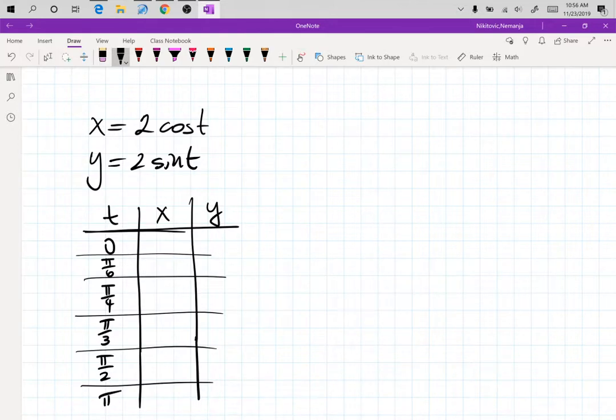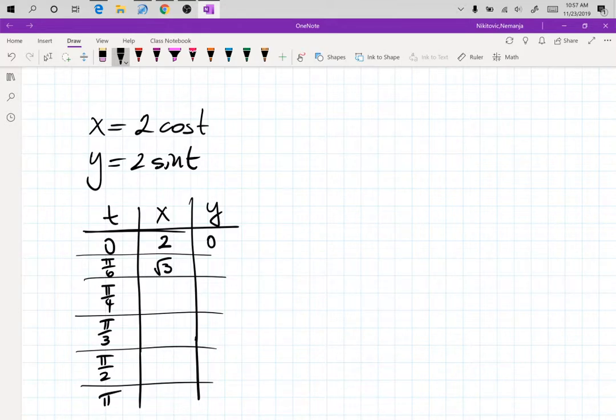So cosine of 0 is 1, and 1 times 2 is 2. I plugged in 0 for t. When I plug in 0 for t in sine, it becomes 0. Then pi over 6: cosine of pi over 6 is root 3 over 2, times 2 is just root 3.